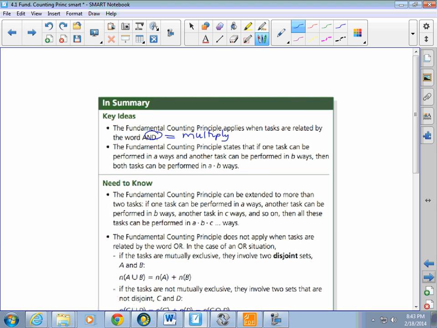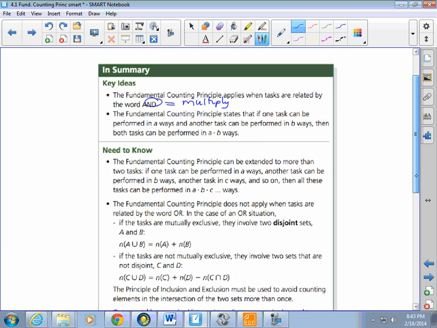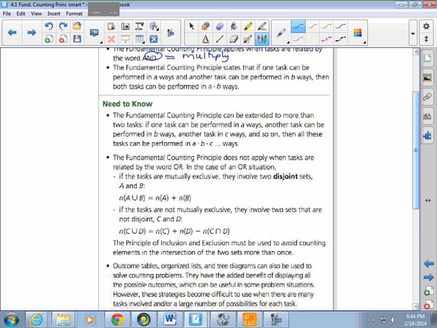The fundamental counting principle can be extended to more than 2 tasks. If one task can be performed in A ways, another task in B ways, another task in C ways, and you can go on forever, then it's just multiplying those ways together. So A times B times C, all the way down to whatever letter you have.